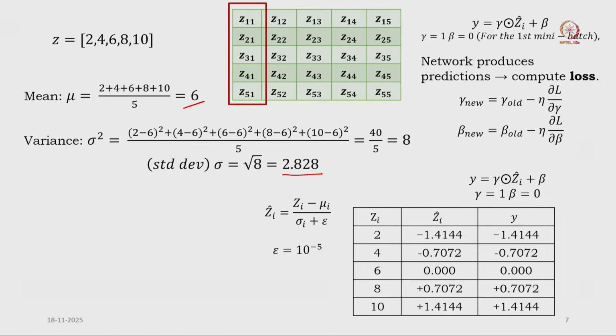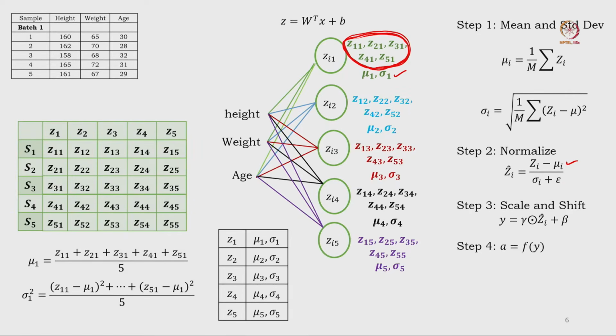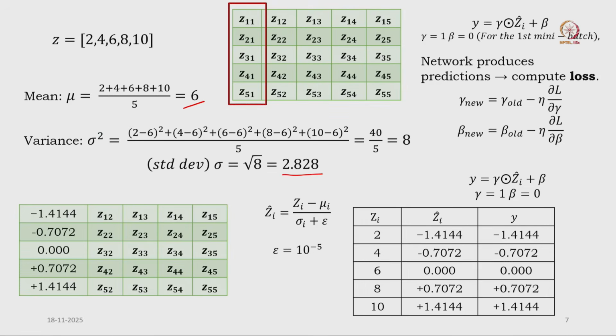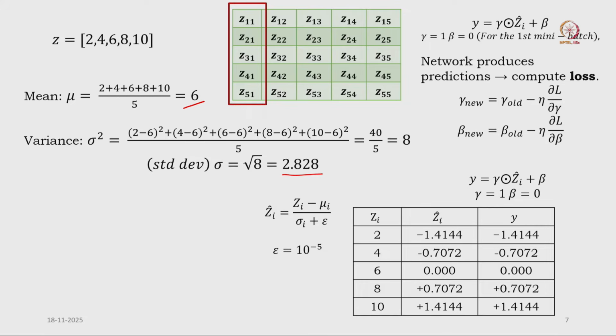Now, we have to normalize all of those values. How will you normalize? This is the formula to normalize. So, the Z value is 2.